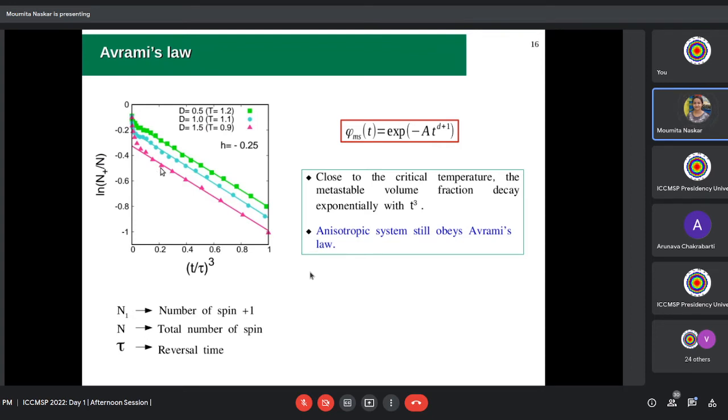From this linear fit of the data, we confirm that the anisotropic system also obeys Avrami's law. At a certain time fraction, for a large anisotropy, the larger value of this quantity confirms that the density of spin +1 is smaller, and that confirms the faster reversal for large positive anisotropy.